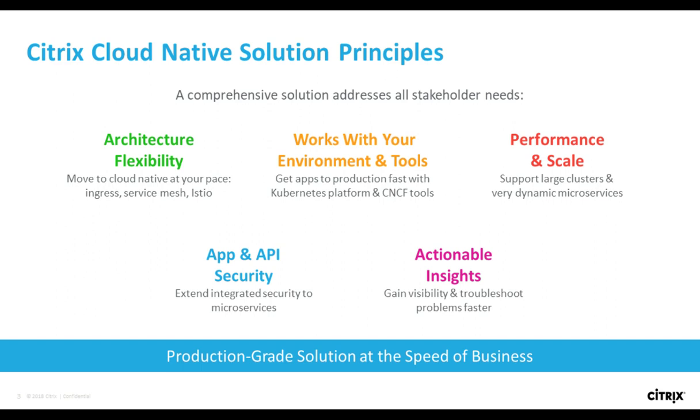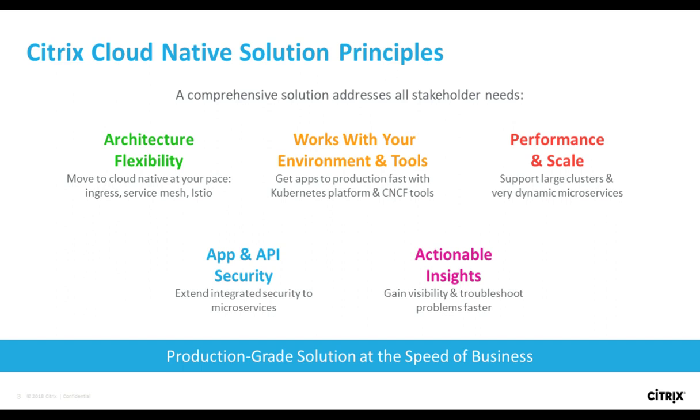And these criteria are more or less in serial order. First, you look at what is the right architecture you are going to choose. Does your vendor support that? Second, can the solution be integrated with your IT environment and tools? Does it offer the right performance and scale? Does it have integrated application and API security?